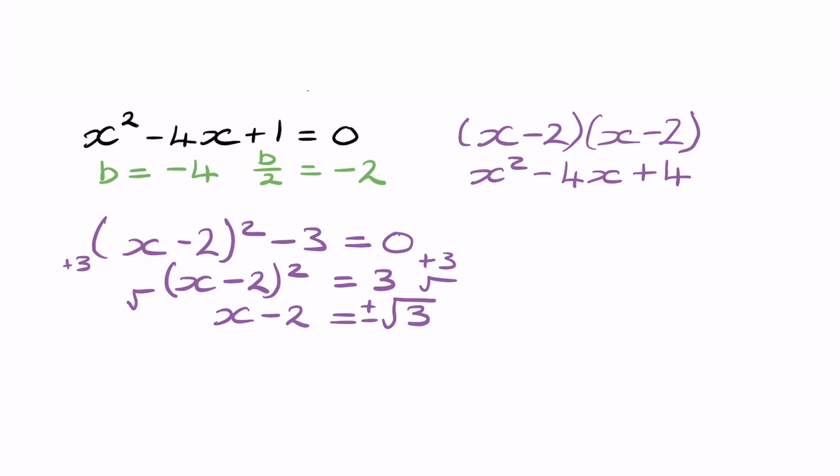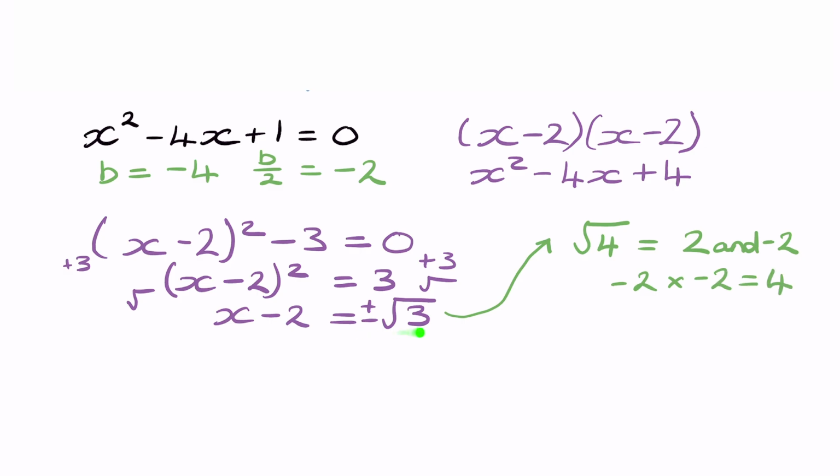And this part is really important, because if we take the square root of 4, for example, that equals 2, because 2 times 2 is 4. But it also equals -2, because -2 multiplied by -2 equals a positive 4. So whenever you take the square root of anything, your answer is always going to be a positive or a negative value.